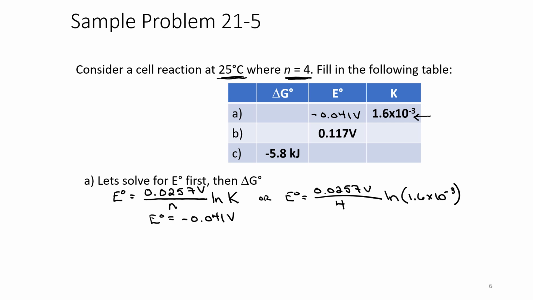All right, now let's calculate our delta G naught. I'm going to say that our delta G naught is equal to negative nF times our standard voltage.